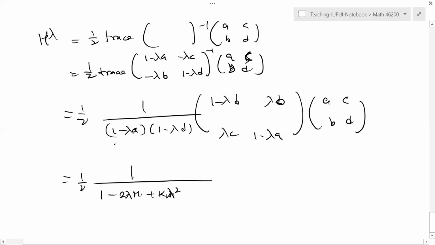Okay. So we're going to do the trace, right? Trace means the sum of the elements of the diagonal. So I have to find out what the elements of the diagonal are. I have to multiply this out.